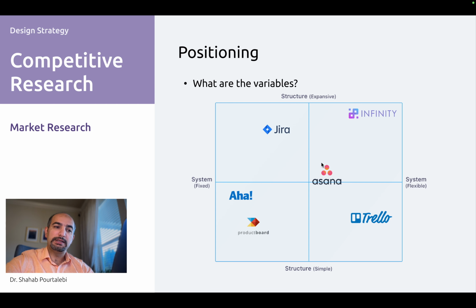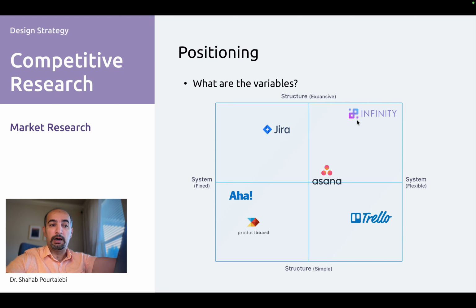Expansive structure and simple structure. So which one offers which? We can see Jira and Infinity are much more expansive from the structure perspective. Productboard and Trello are much more simple from that perspective.